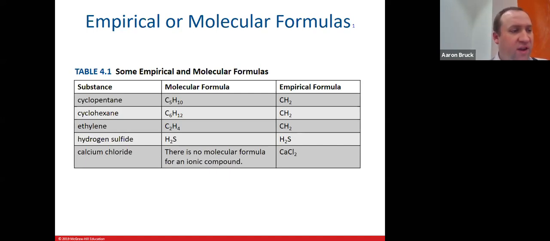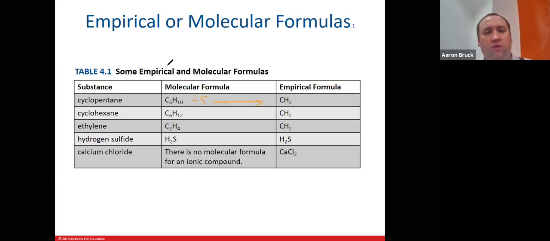And so if I look at cyclopentane here, C5H10, I can see that each of these numbers is divisible by 5 to give me an empirical formula of CH2. Cyclohexane, I can see each of these numbers can be divided by 6 and give me an empirical formula of CH2.